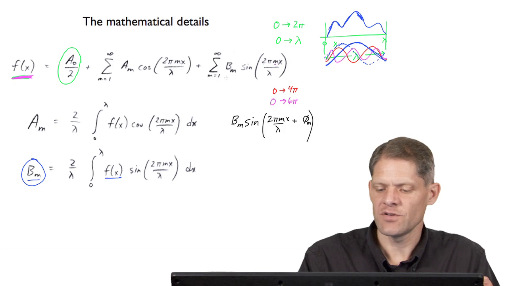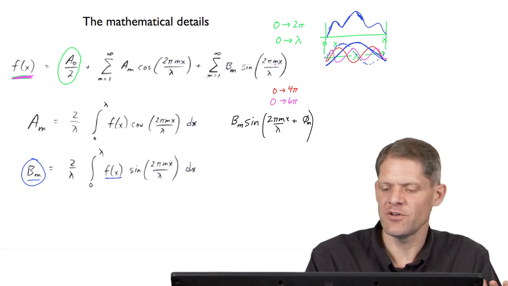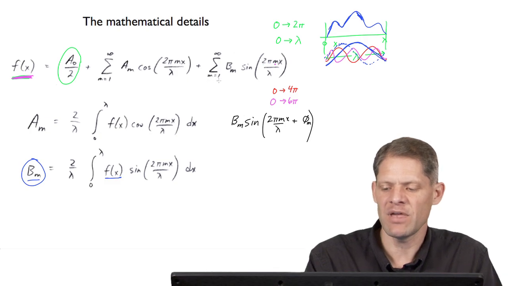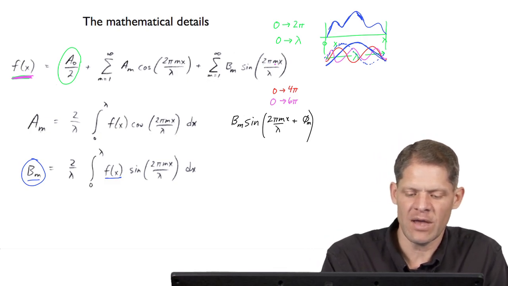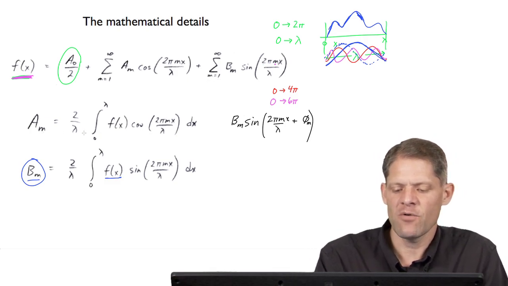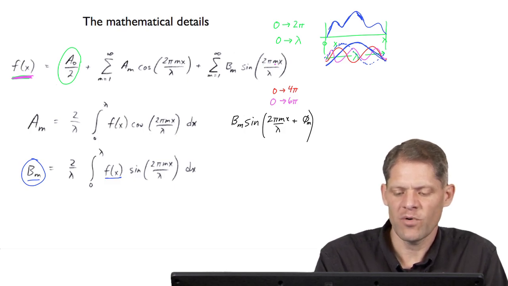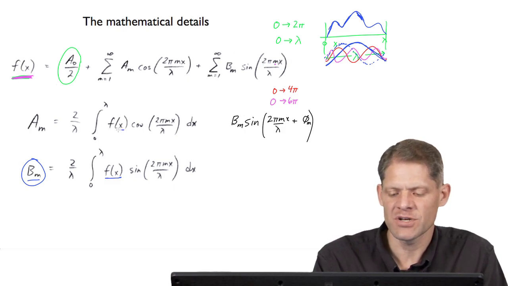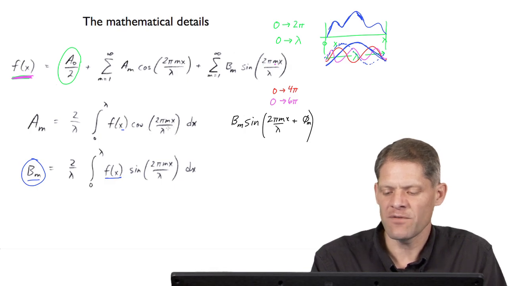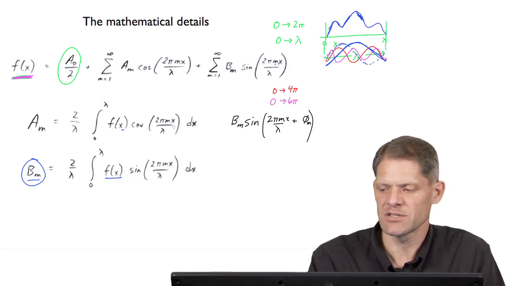And then to find the other coefficients, you just increase the index. Instead of looking at m equals 1, you look at the m equals 2 wave. So if m was equal to 2 here, now we're going to integrate from 0 to a wavelength the product of the original function times a cosine wave with 2 wavelengths across the box.